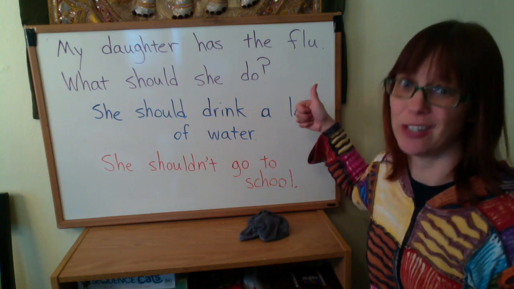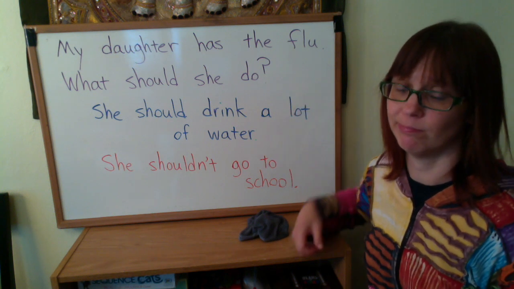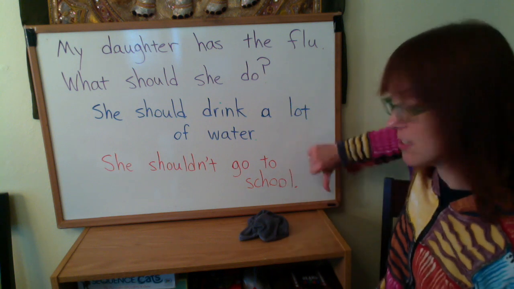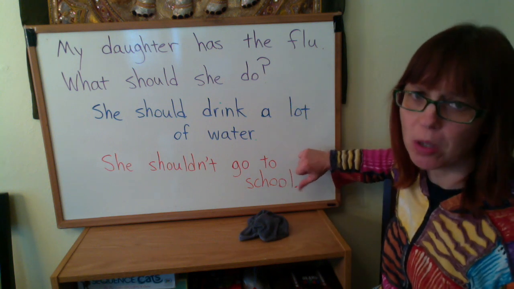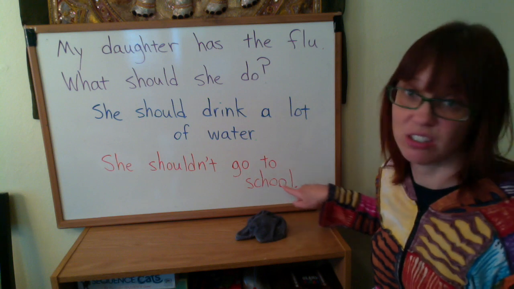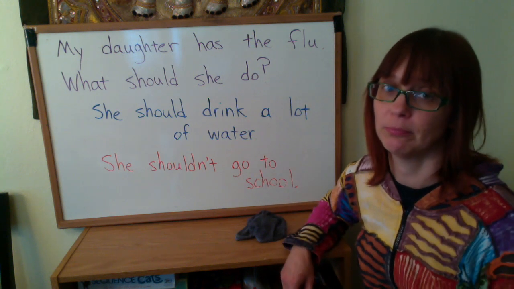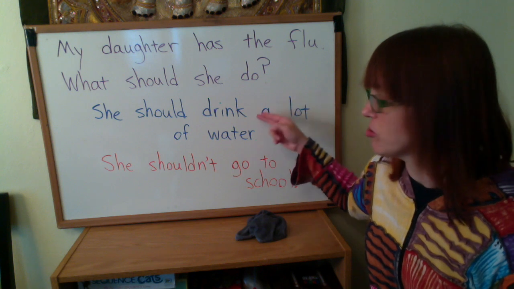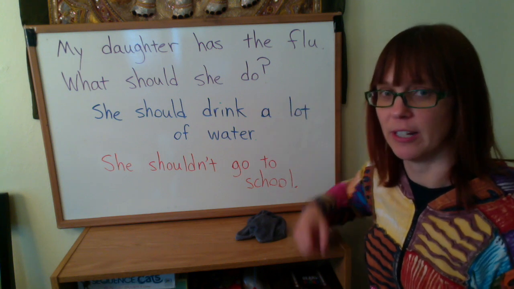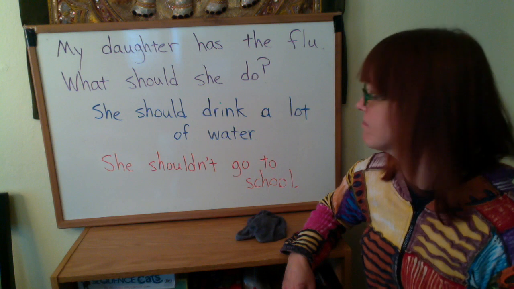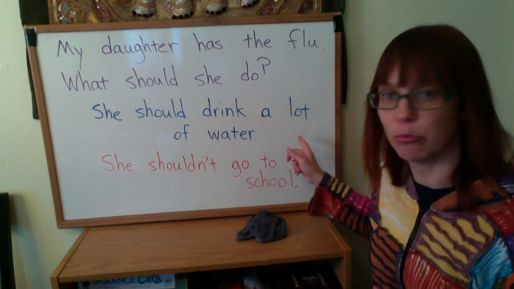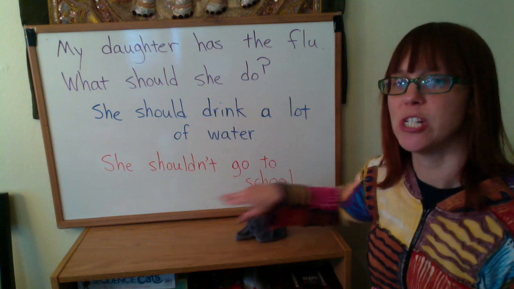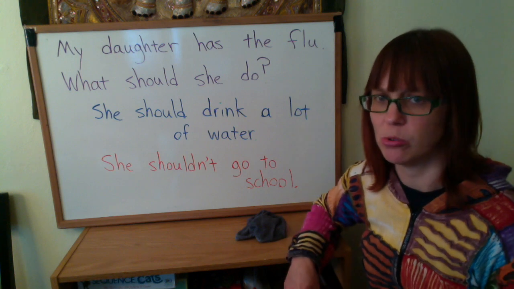She should drink a lot of water. And then this one is negative, and that means no. She shouldn't go to school. So this is one affirmative and one negative. She should drink a lot of water. She shouldn't go to school.